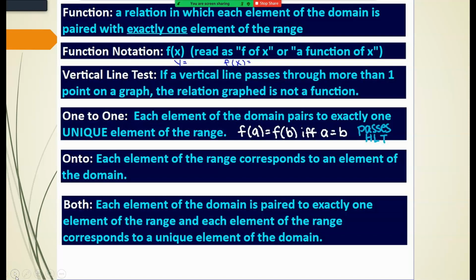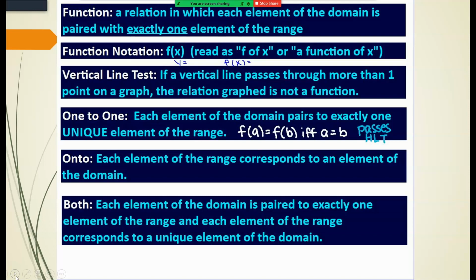So we are going to continue to reiterate some vocab. We had some of these vocab words the other day in that study guide and intervention. What we're going to do today is just reiterate them. A function is a relation in which each element of the domain is paired with exactly one element of the range.